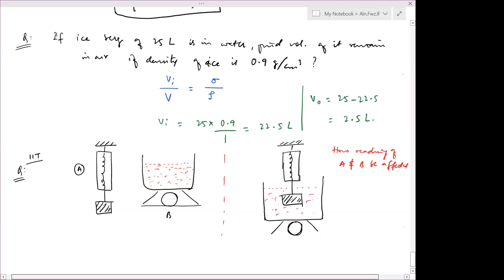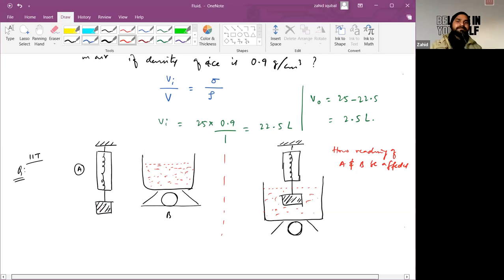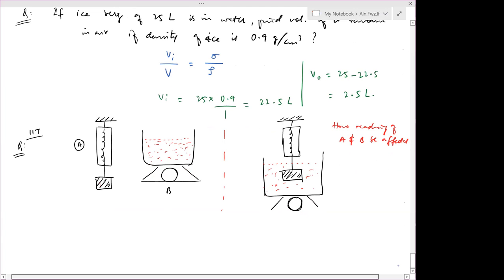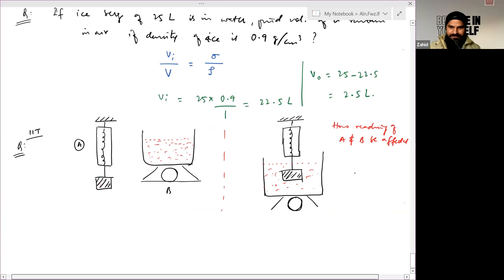The reading of A will decrease and the reading of B will increase. Good. Why would it be? Because on A, buoyant force will be acting, and because it is half sunk, so there will be some. No, it's completely sunk.